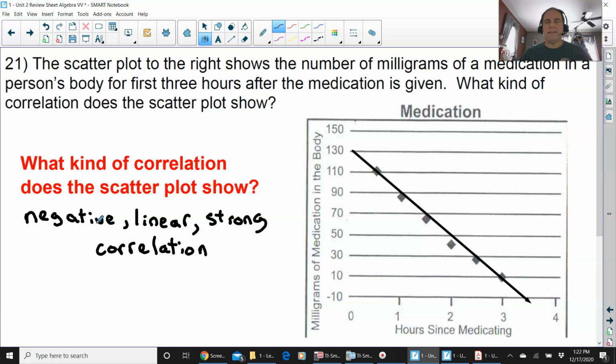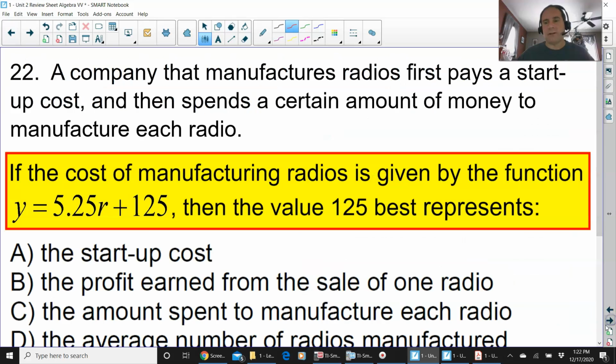And strong means that all of the data, all of these points are clustered right around the trend line. In other words, they're not really far away from the trend line. So if they were far away from the trend line, like if you had points over here and over here and over here, but it was still negative, that would be a weak correlation, right? This one is strong because these points are clustered around the trend line.